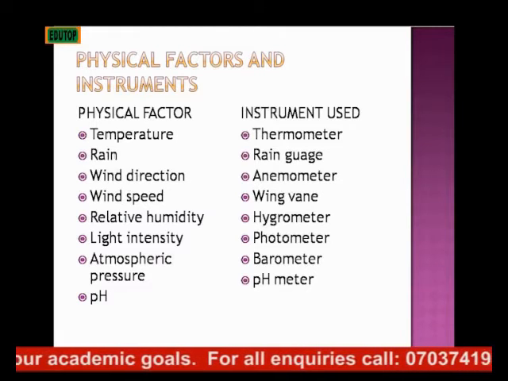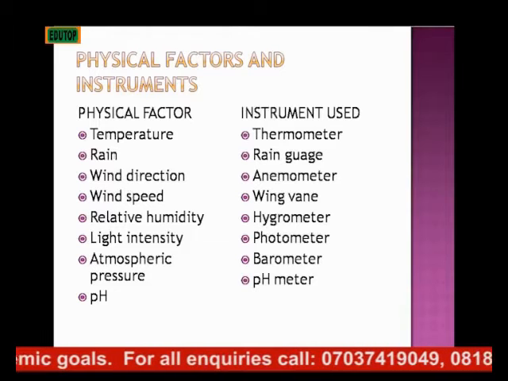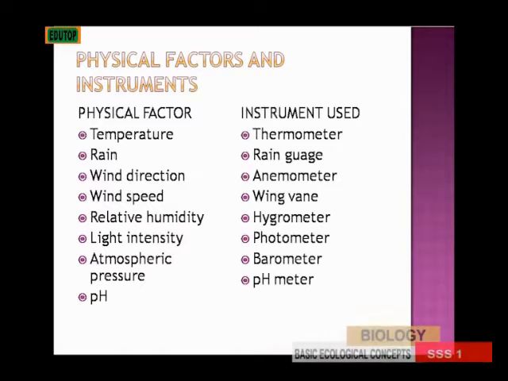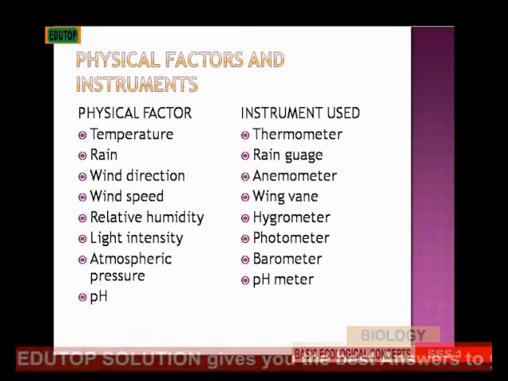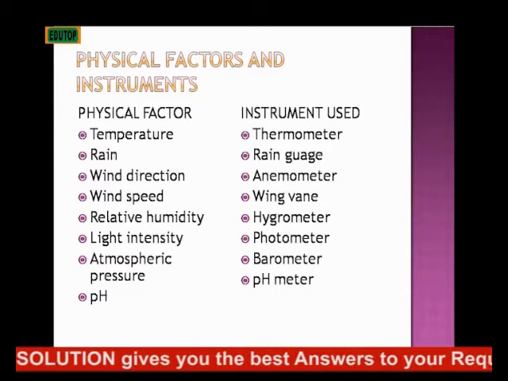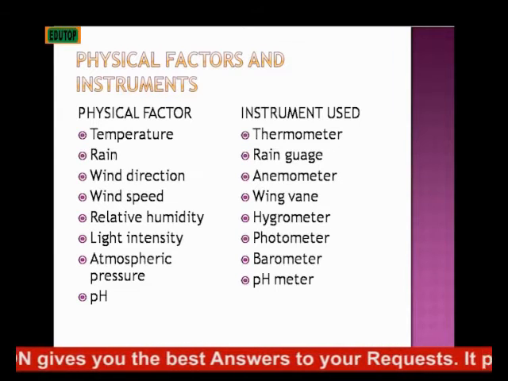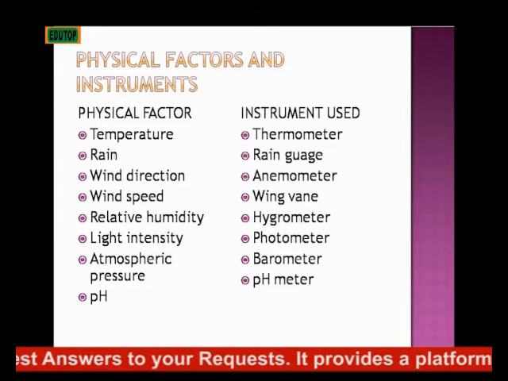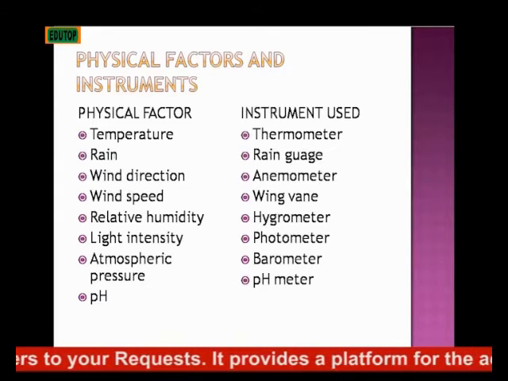Then light intensity, the amount of light that you find in a particular environment, is measured by a photometer. So a photometer is used in measuring the amount of light intensity. Then the atmospheric pressure is measured by a barometer. The pressure in a particular atmosphere is measured by a barometer.